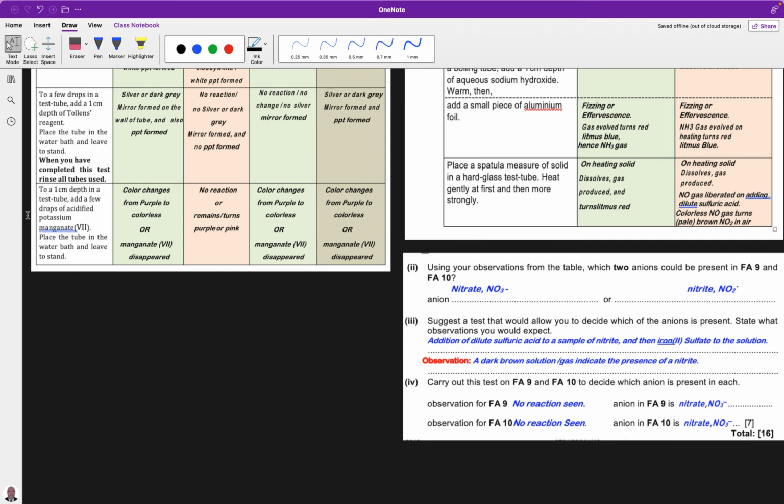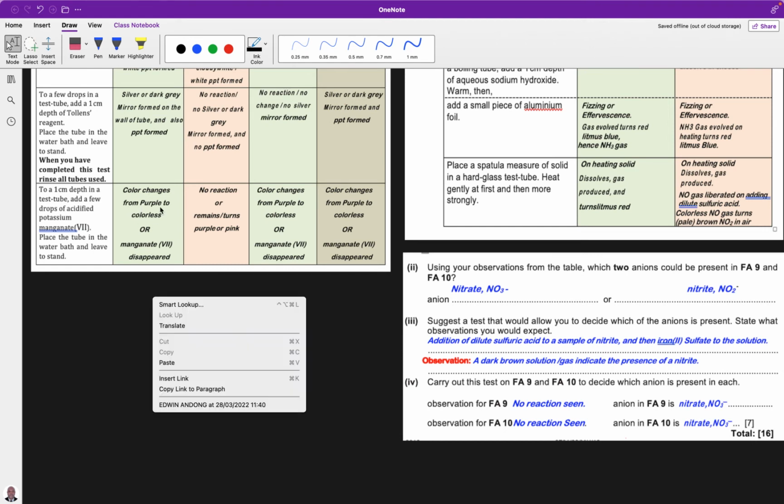In this case, in my test tube, since manganate 7 is purple, the purple color on warming changed from purple to colorless, indicating that a reaction has taken place. In that reaction, all the manganate have reacted. In that case, an oxidation must have taken place.